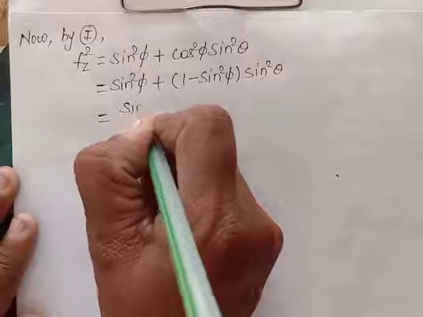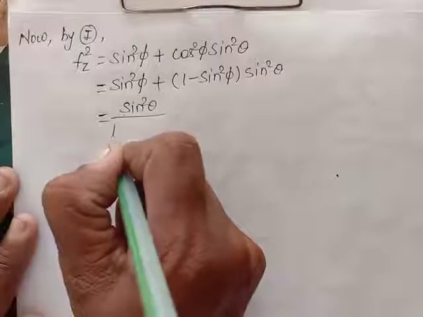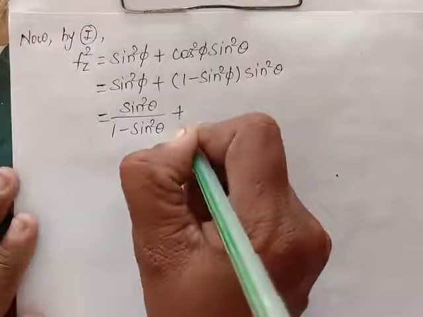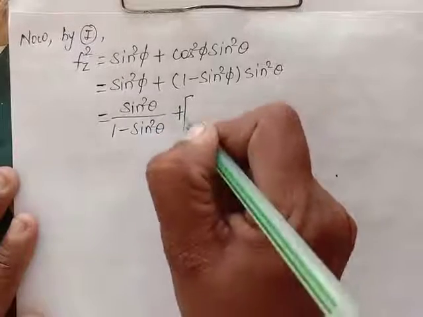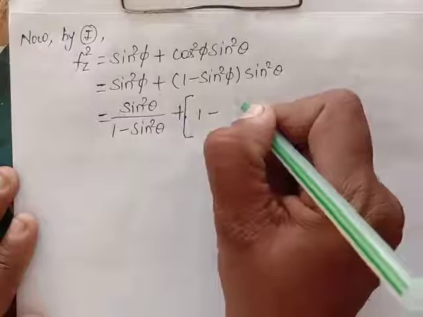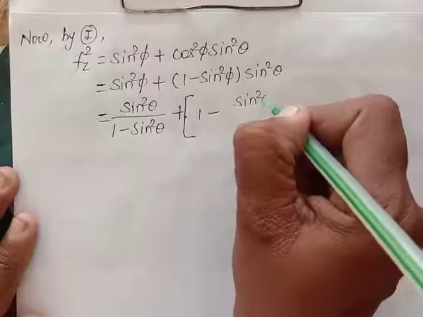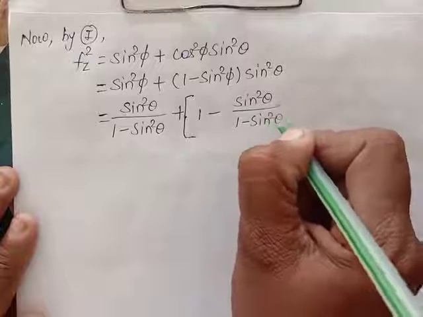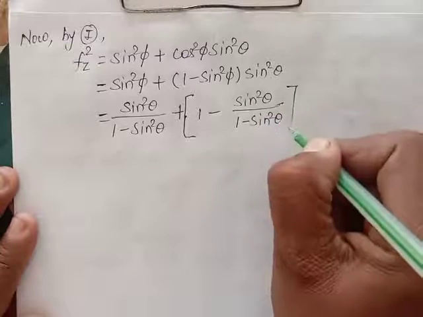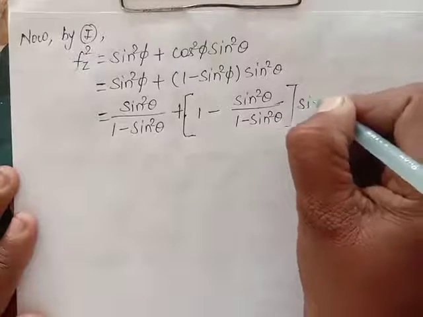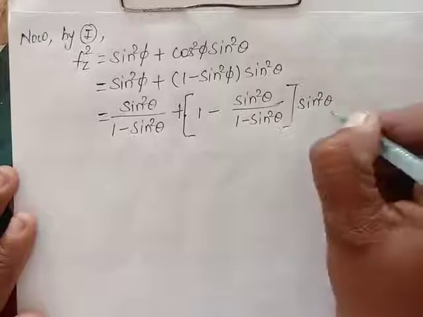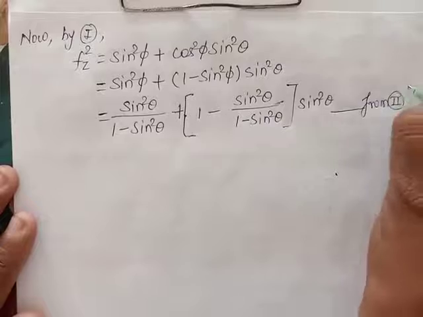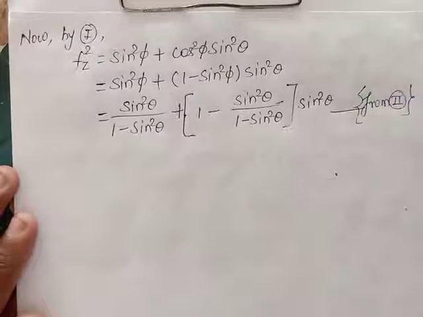Its value is sine square theta upon 1 minus sine square theta plus here 1 minus sine square theta upon 1 minus sine square theta into sine square theta, from 2. Okay.